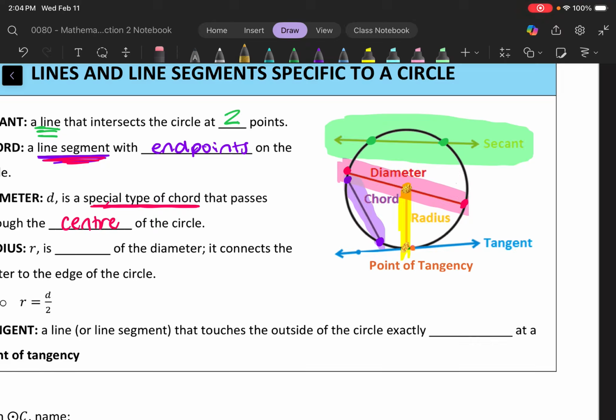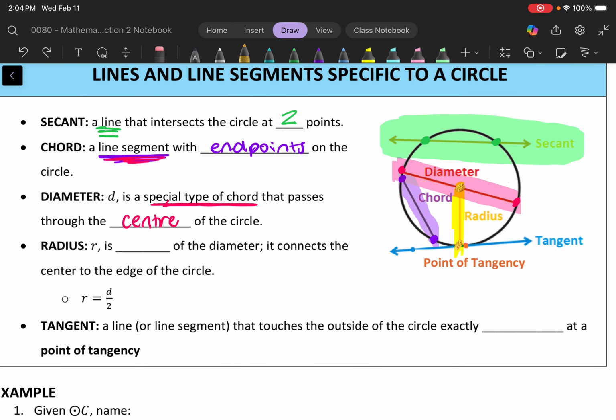Whereas the diameter was going edge of the circle to the center, and then that center to the other edge. A radius is only going from the end of the circle to the center. So R is the radius. It's actually half of the diameter. So it's still a line segment. It is not technically a chord, because remember from what we talked about a couple of moments ago, a chord has two endpoints that are on the circle.